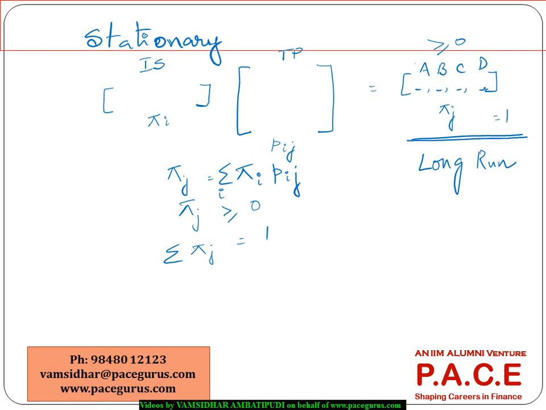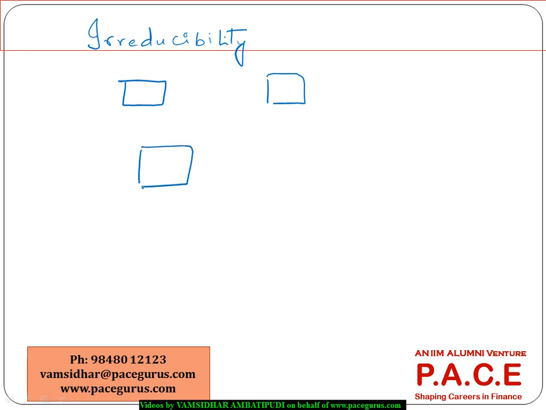So apart from stationarity, for a Markov chain we also talk about a few more characteristics. One is to do with irreducibility. Whenever we say a Markov chain is irreducible, let's say we are talking about 4 states.